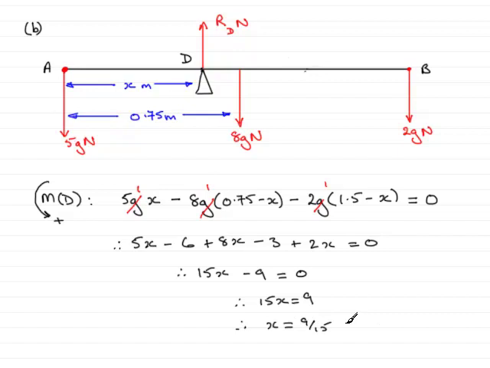That simplifies to 0.6 meters. We're asked to find the length AD, which is x. So just to summarize, therefore AD equals 0.6 meters. And that brings us to the end then of part B.